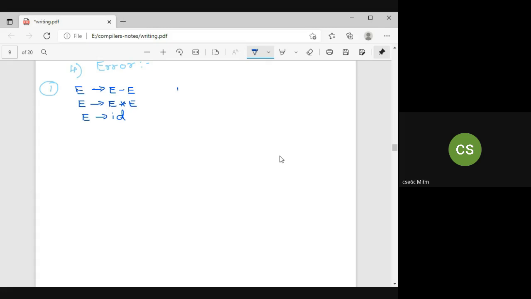Perform SRP, shift reduce parsing, on the input string ID1 minus ID2 star ID3.